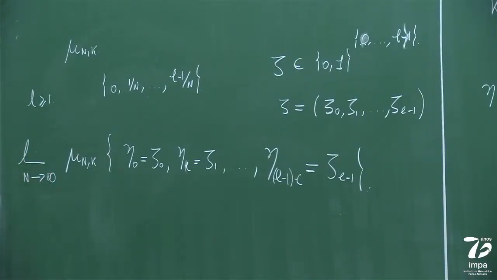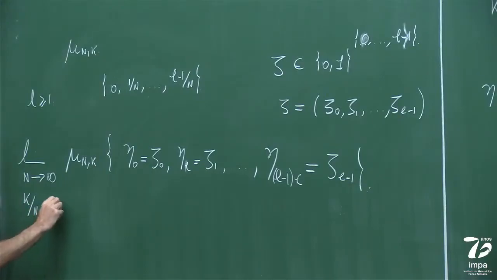And of course, if I keep k fixed, I will have a very large number of sites and a fixed number of particles, so these particles will disappear. If I look at the first L sites, I will find no particles. So what I will do is keep the total density fixed, which means that when I send n to infinity, I will send it together with the number of particles k in such a way that I keep the density.